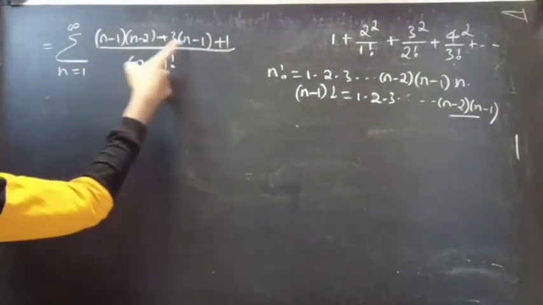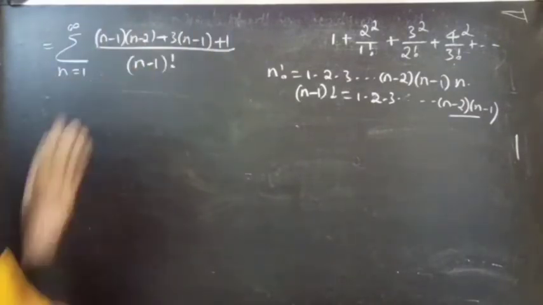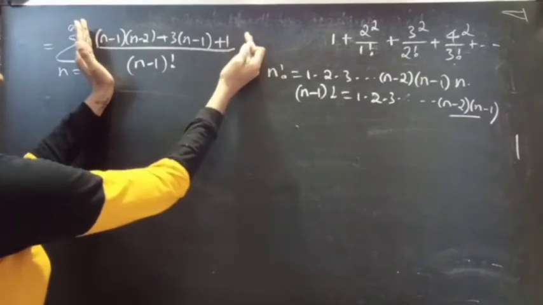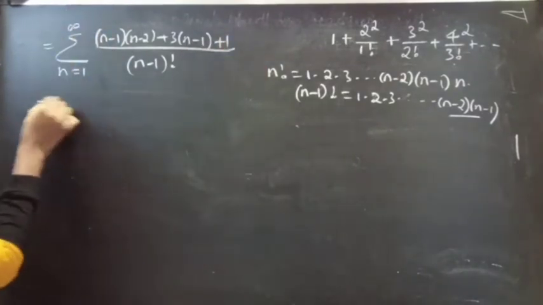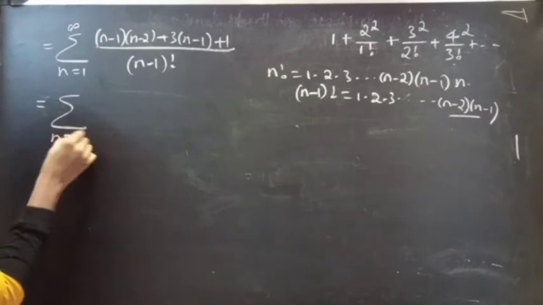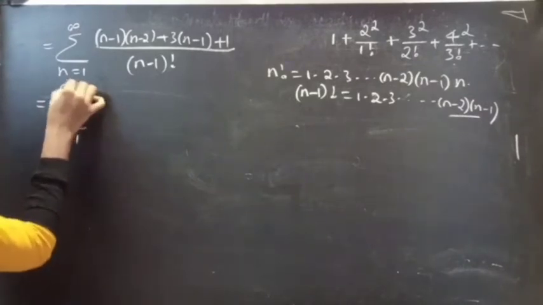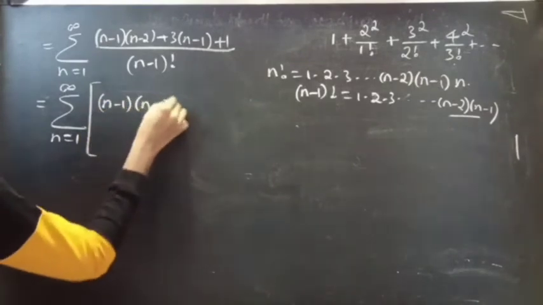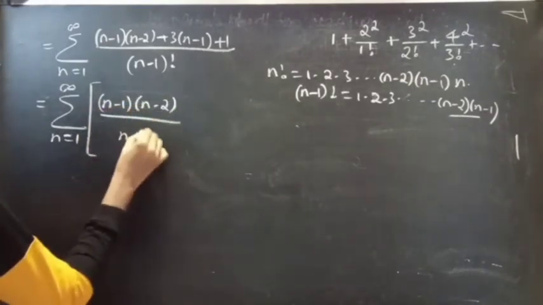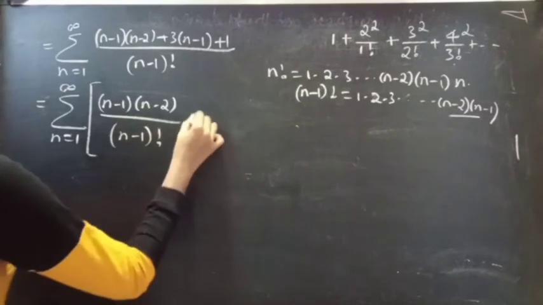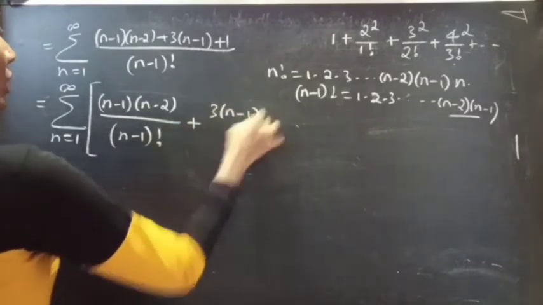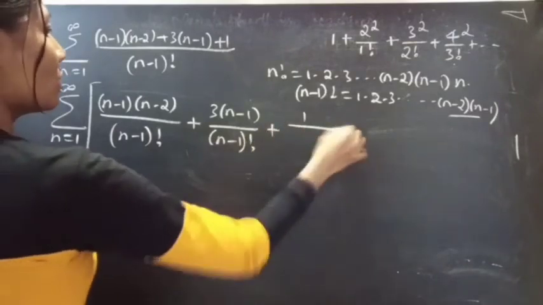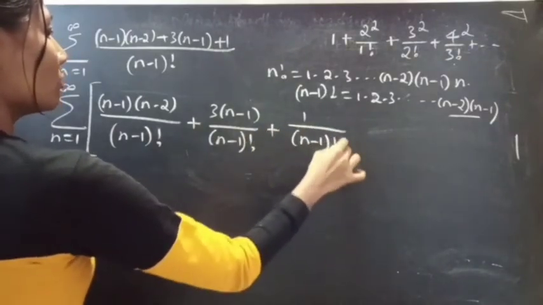Since we are having 3 terms in the numerator and 1 term in the denominator, we can split this total expression into 3 fractions. I can say this equals summation n equals to 1 to infinity, n minus 1 into n minus 2 by n minus 1 factorial plus 3 into n minus 1 by n minus 1 factorial plus 1 by n minus 1 factorial.